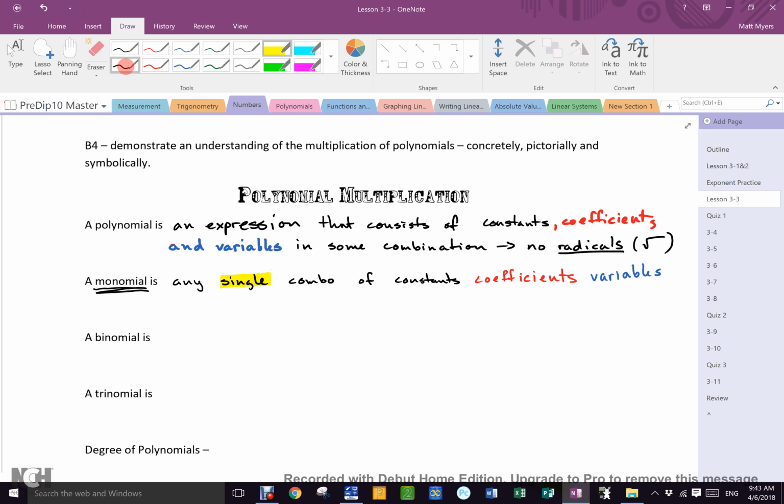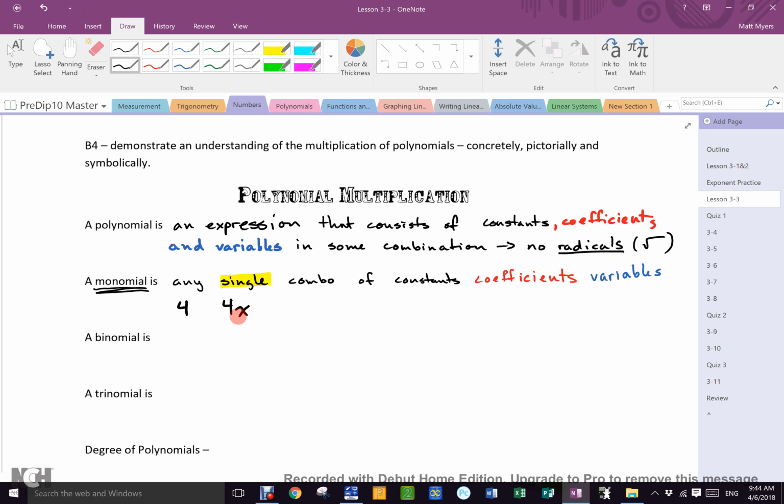So, I'm going to write a couple of things here that are all monomials. 4. Is it? Yeah, because that's a constant. It's always 4. Cool? All right. 4x. Yeah. Still a single thing because you have 4 times whatever value x is. Right?